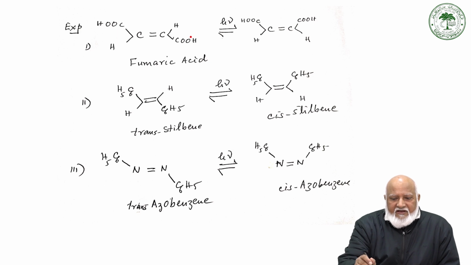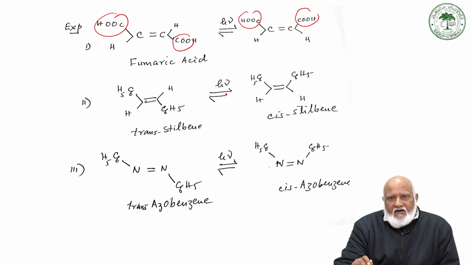The fumaric acid can be transformed to maleic acid in the presence of light. This is again an example of photochemical cis-trans isomerization.